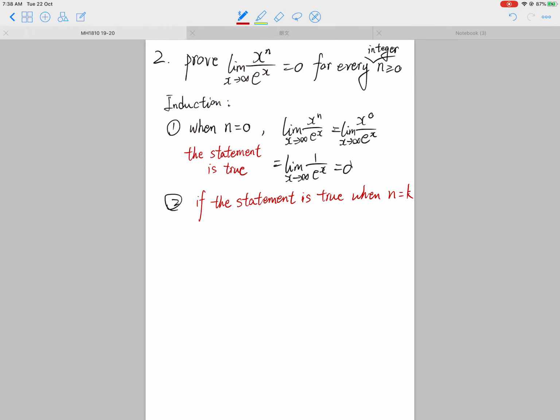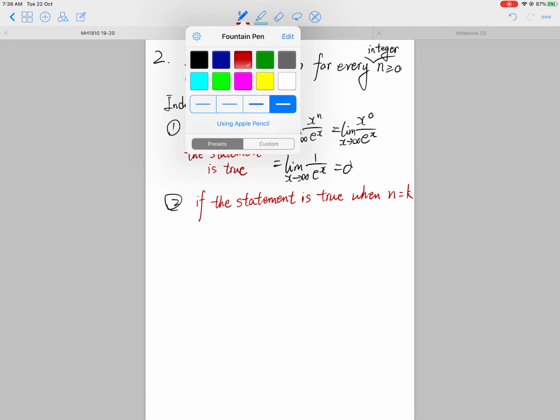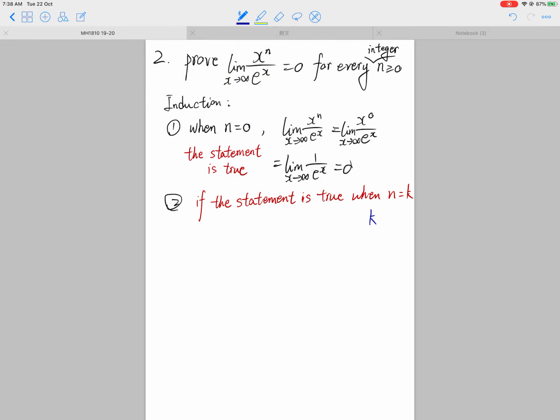This k is an integer, and k is greater or equal to 0. Then what happens when n is k plus 1? If you know this is true, then you know the limit of x to the power of k over e to the power of x equals 0. If the statement is true when n is k, then you know this is true.